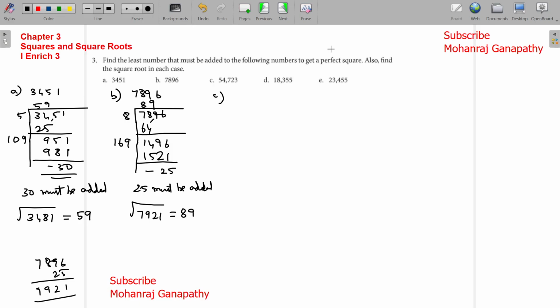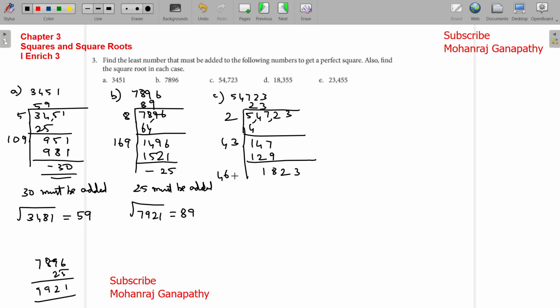C. 54723. 2 twos are 4. Remaining 147. 2 twos are 4. 3. 129. 1823. 46. 4 times. 4 fours are 16, 24, 25, 16, 18.